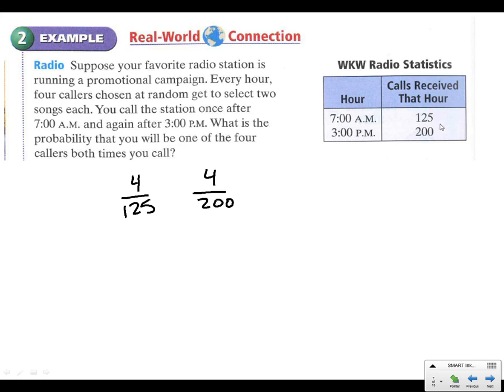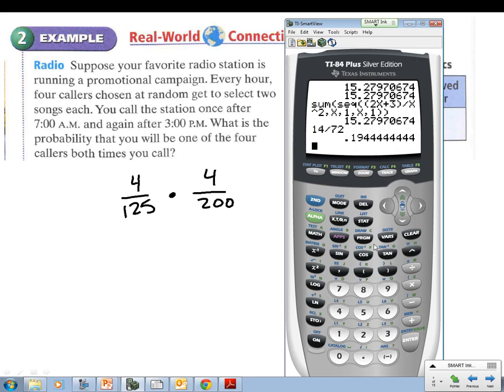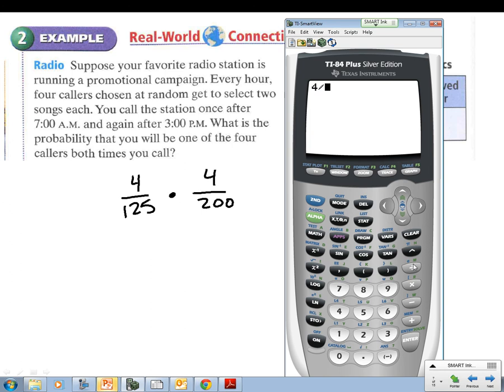Now, does calling in at 7 affect calling in at 3? No, they're totally separate. So we're going to multiply these two things together and get 4 over 125 times 4 over 200 and get a very, very small percentage.